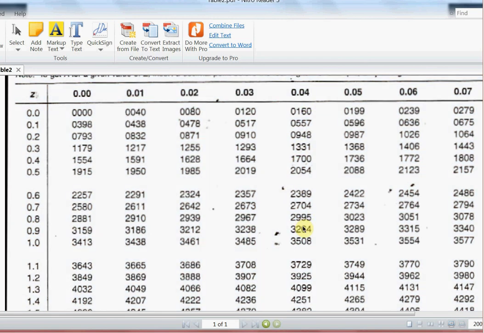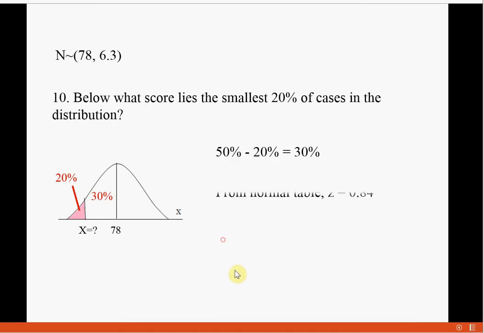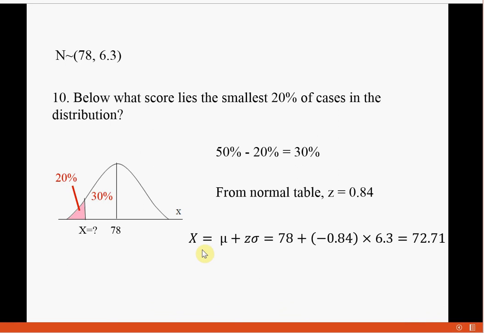From the normal table, we find the z-score that corresponds to 30% is 0.84. Now we bring this z-score into this formula to complete the calculation.